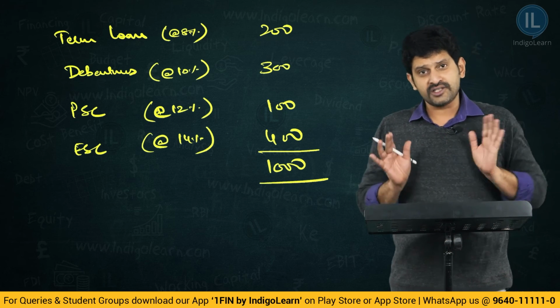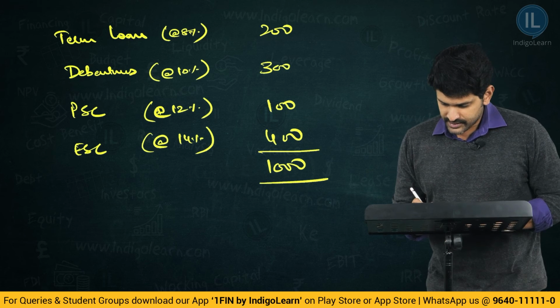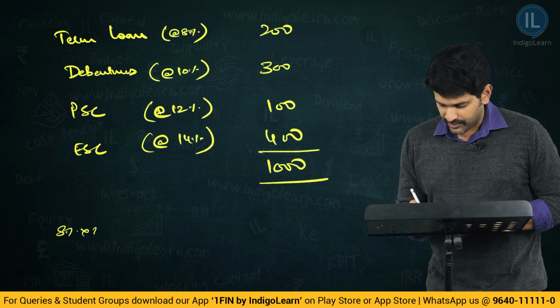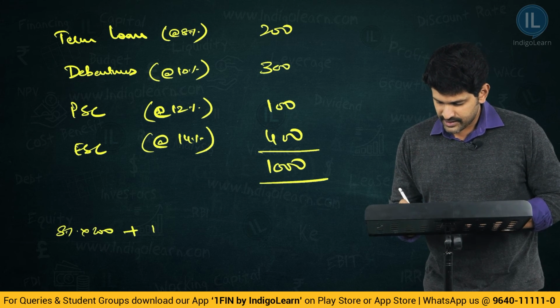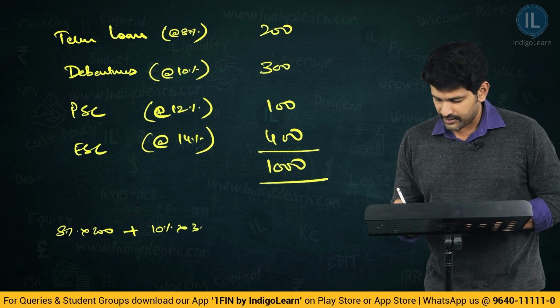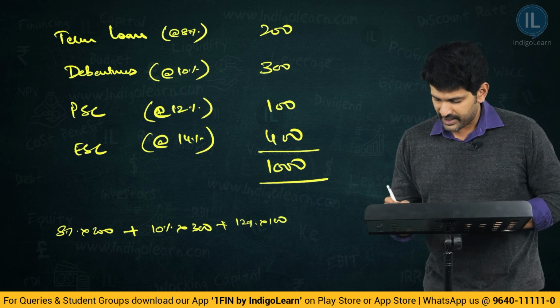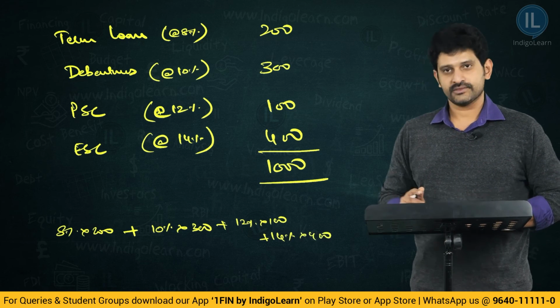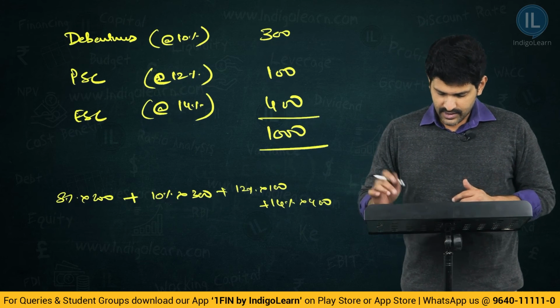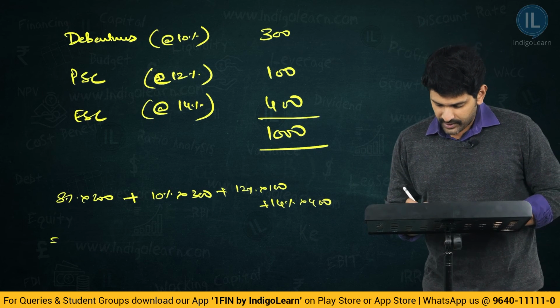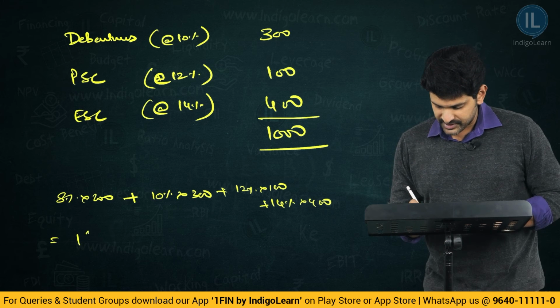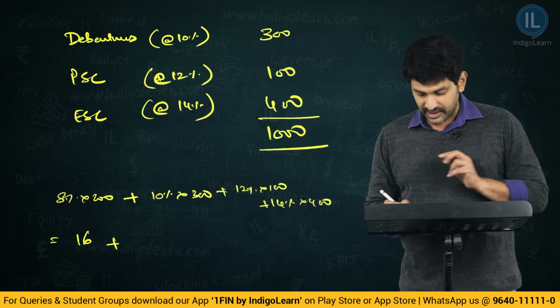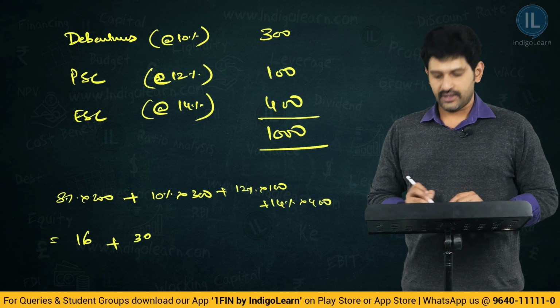Now, what is the total cost? That is 8% on 200 plus 10% on 300 plus 12% on 100 plus some 14% on 400. Is it not the total cost? Yes. What is 8% on 200? 10% is 20, therefore 16, plus 10% on 300, some 30.